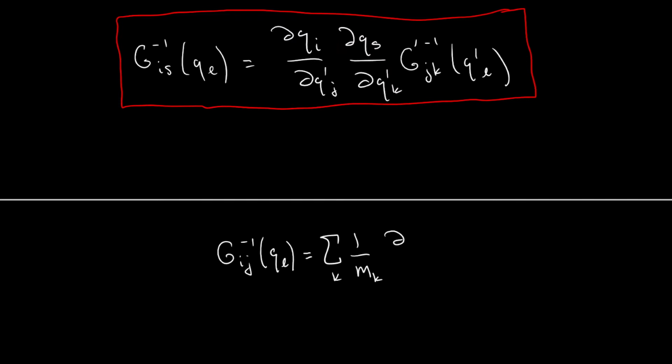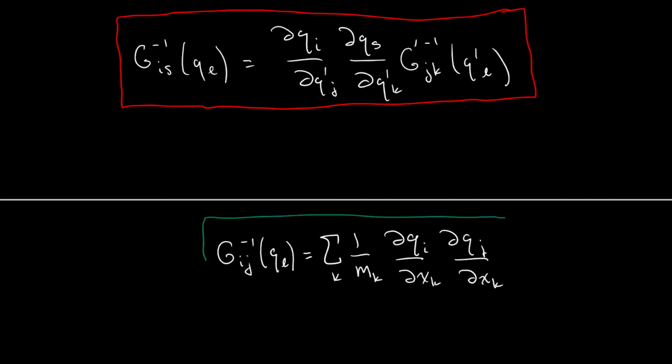So this is going to be dqi dxk, dqj dxk. So if I start in Cartesian coordinates, I can find G inverse just by doing this. Otherwise, I can use this transformation instead.